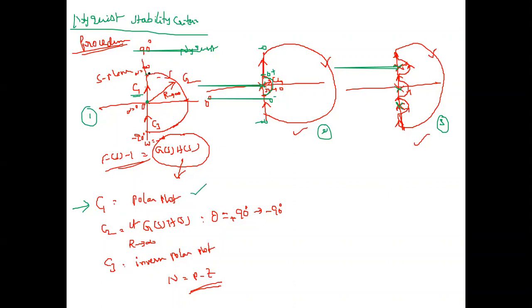Next, from this point the contour changes its angle, while the radius is the same, infinity. The angle changes from plus 90 degrees to minus 90 degrees.